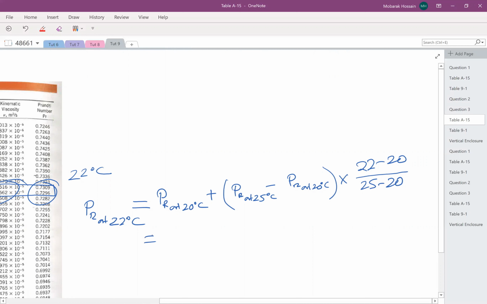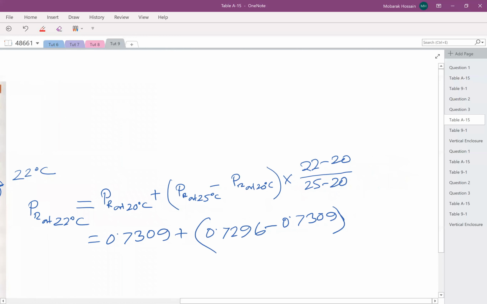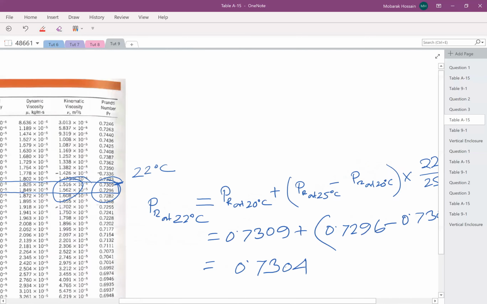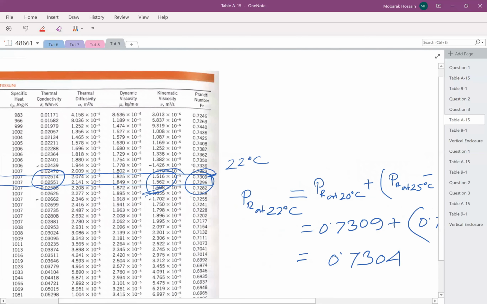So here Prandtl number for 20 degrees is 0.7309 plus, at 25 it is 0.7296 minus 0.7309, times the temperature difference ratio 2/5. So it will be 0.7304 for 22. Same way we can calculate for the viscosity, also for the thermal conductivities.